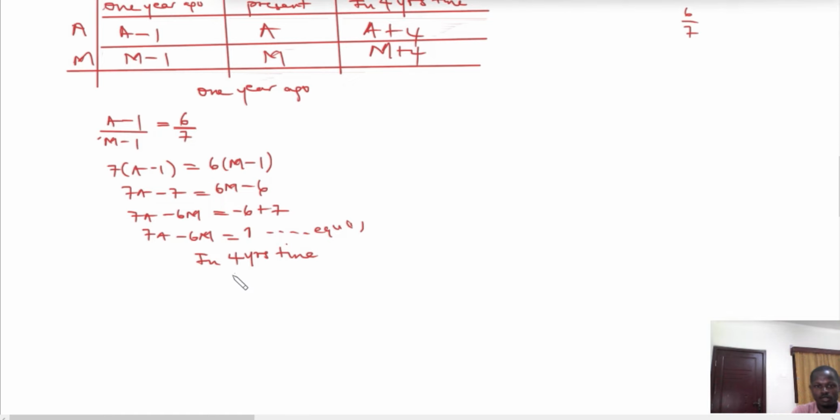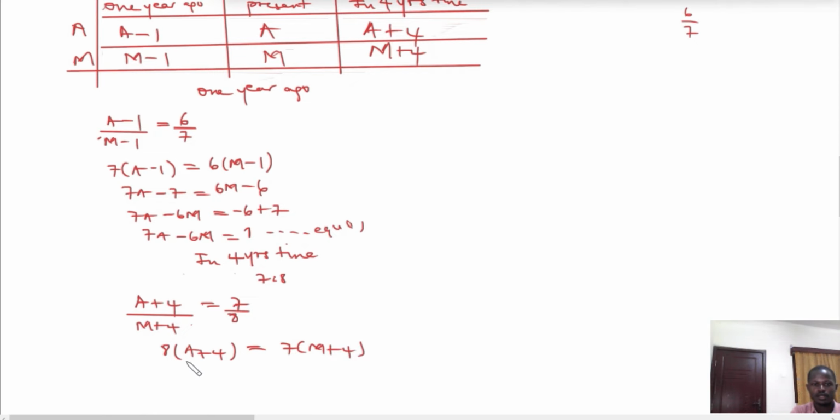Since the ratio is 7:8, and ratio means division, we write A plus 4 all divided by M plus 4 equals 7 over 8. We cross multiply again: 8 times (A plus 4) is equal to 7 times (M plus 4).